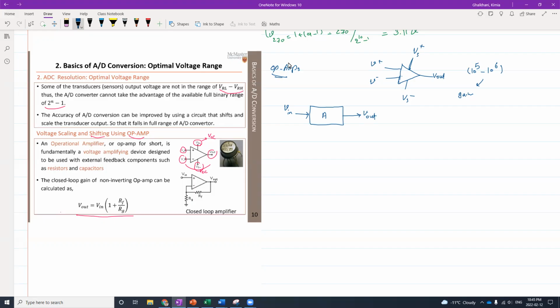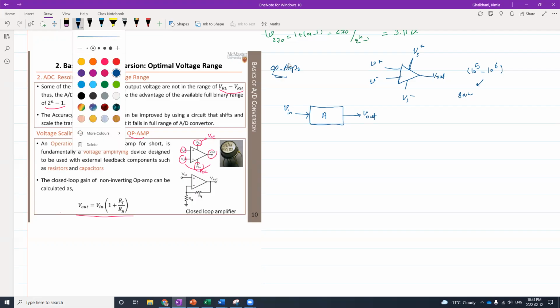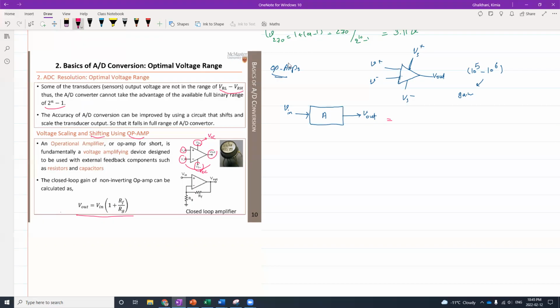How to do so? Simply, you can tell the output voltage is going to be A times the input voltage, right? It means we have a differential output.